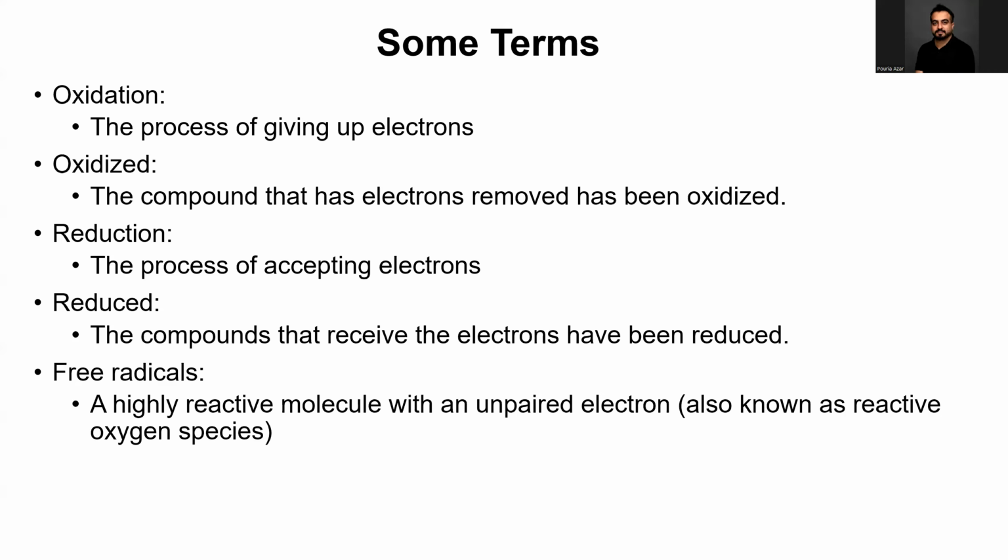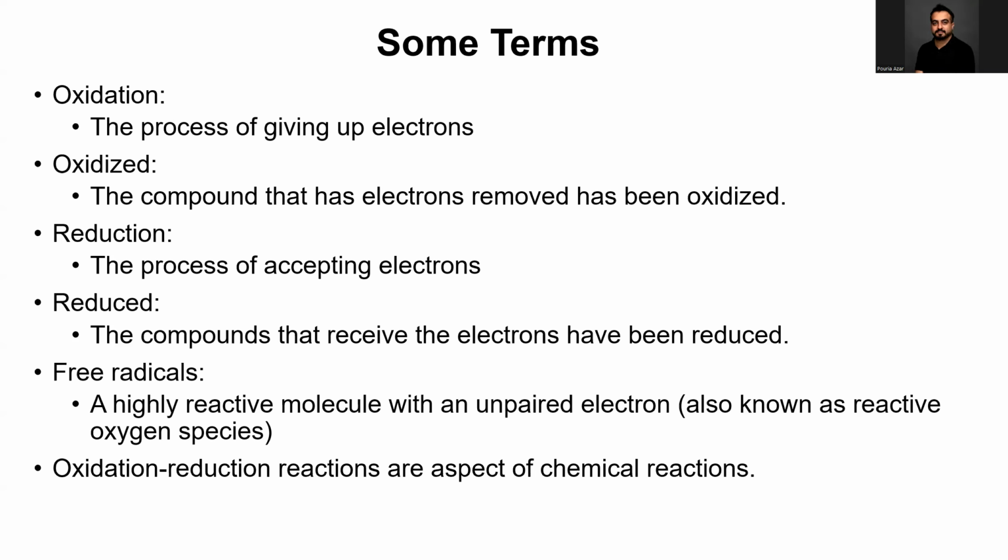So any compound or molecule that has an unpaired electron is a free radical, and they are dangerous, they are harmful, they can cause many different problems, from oxidative stress to inflammation to cancer, and so forth. So these are the main terms that it's better to know: oxidation, oxidized, reduction, and reduced. And oxidation reduction reactions are an aspect of chemical reactions.